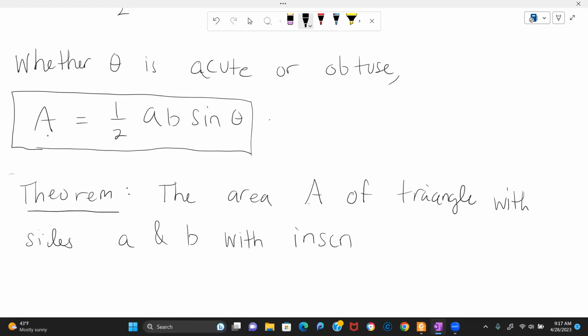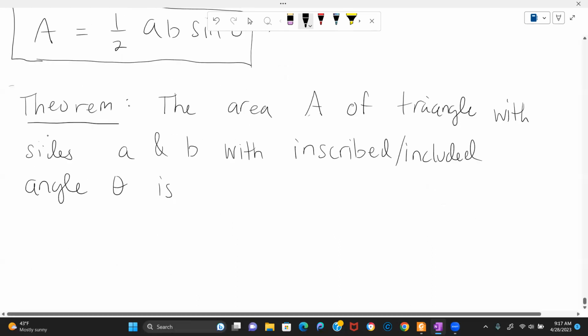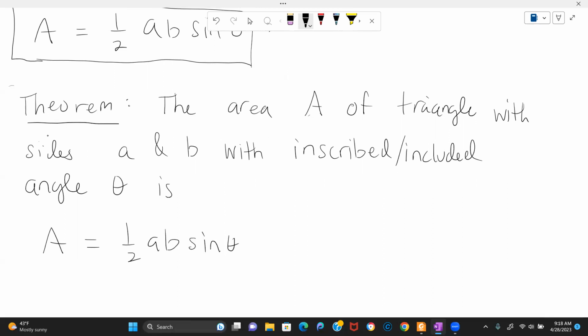So I'll say with inscribed, but I think the idea is clear what's meant. Or included angle theta, the area is given by the following, the formula we just derived. So it's going to be 1/2 AB times sine theta.